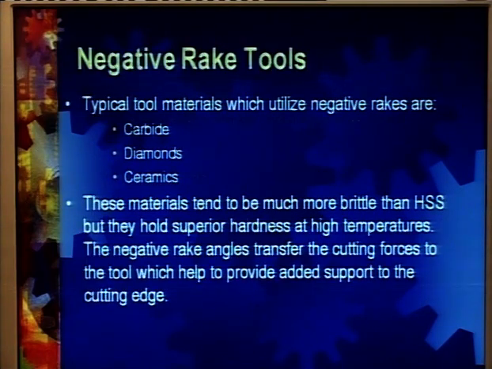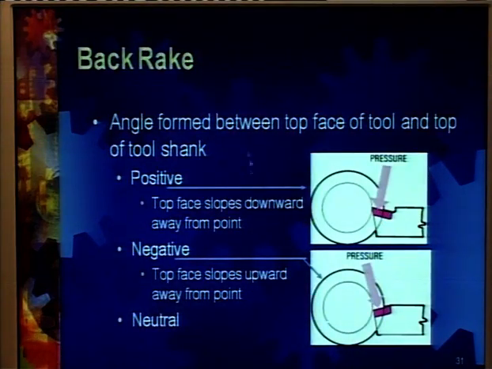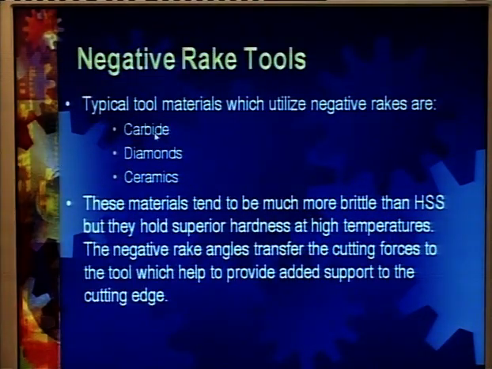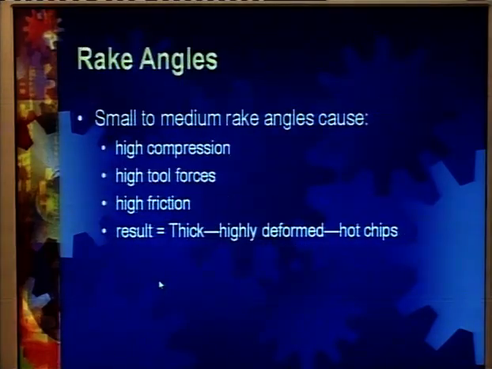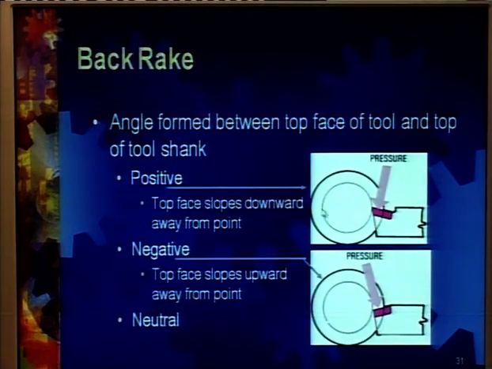So, to avoid the breaking away of the tool tip, we generally give these types of tools a negative rake angle. These materials tend to be much more brittle than high speed steel, but they hold superior hardness at high temperature. The negative rake angle transfers the cutting forces to the tool shank, which helps to provide added support to the cutting edge. We have explained all these things through these two figures already.